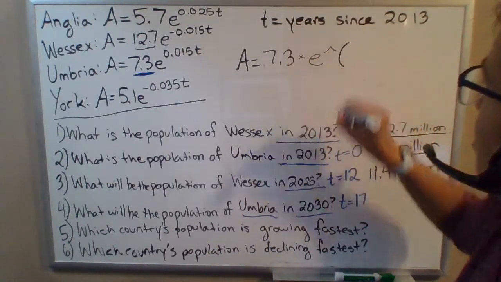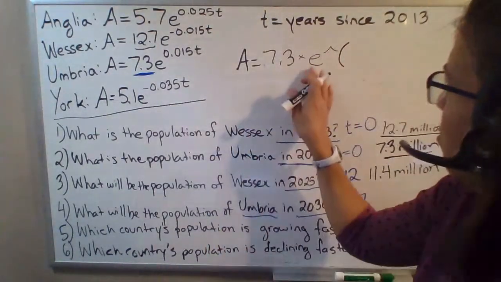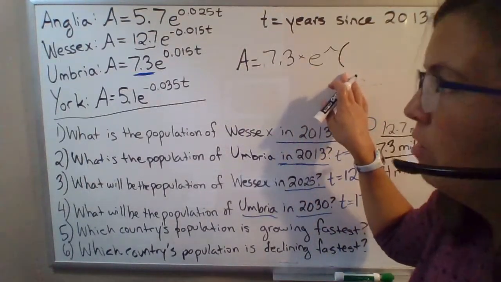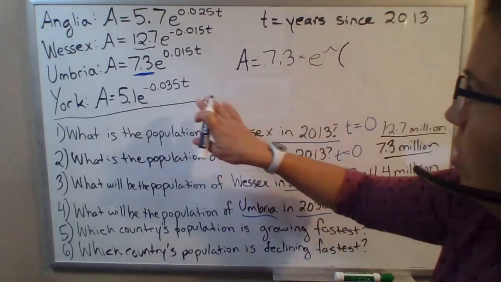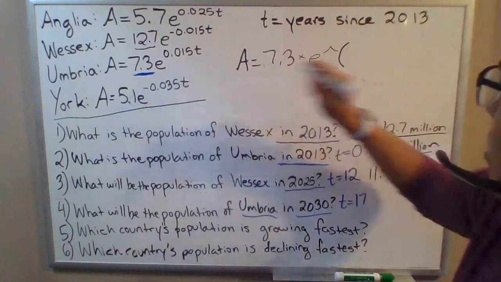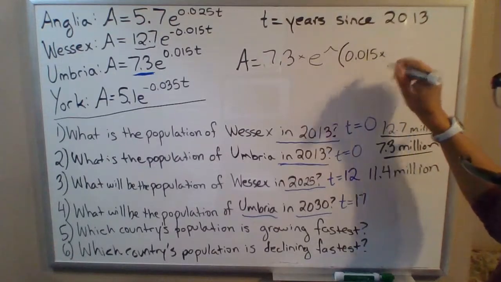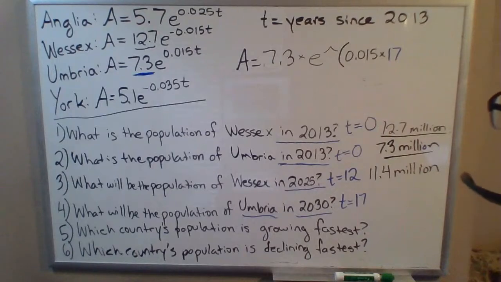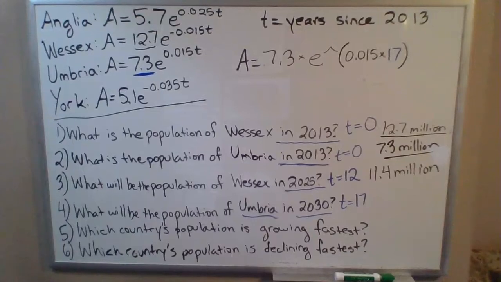I've noticed a lot of these TI calculators, when you hit second and then ln to access this exponential function, a lot of them will automatically open a parentheses, which is good in this case. Sometimes it kind of sets a trap, but in this case it's helpful. So this should be e to the 0.015 times t, which in this case is 17. So this is basically what that should look like when you punch it into the calculator. And the value you should get is about 8.7.